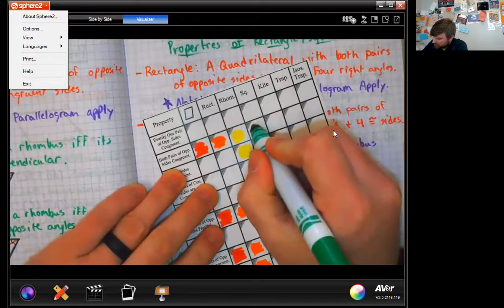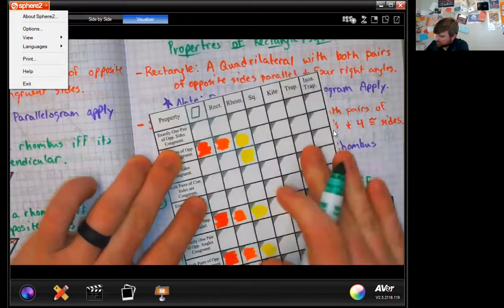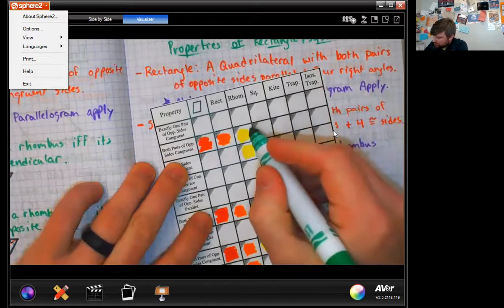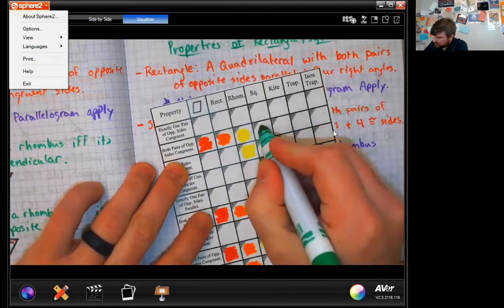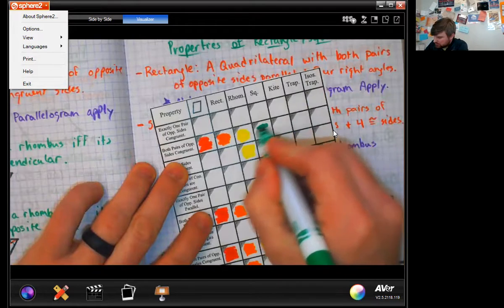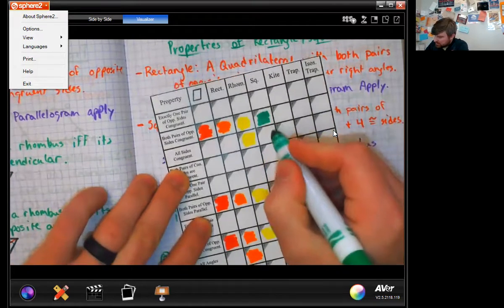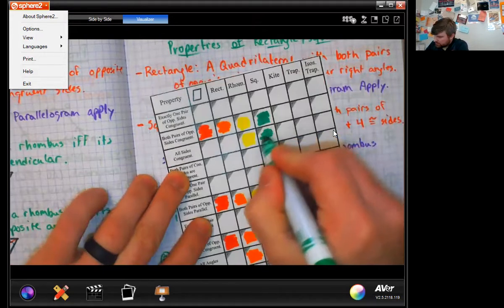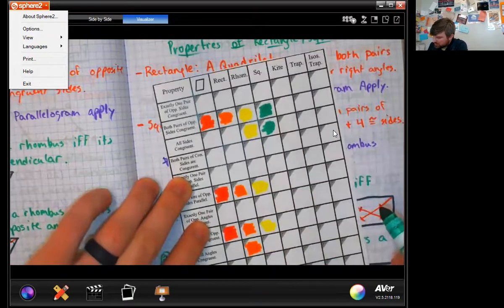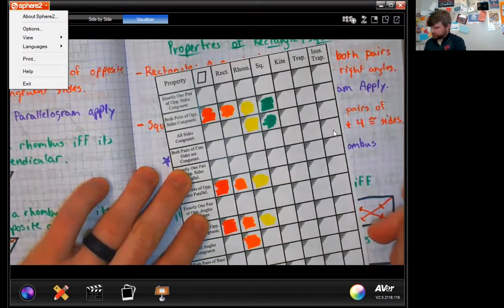So exactly one pair of opposite sides congruent? No. Both pairs of opposite sides congruent? Yes. All sides are congruent. Both pairs of consecutive sides are congruent.